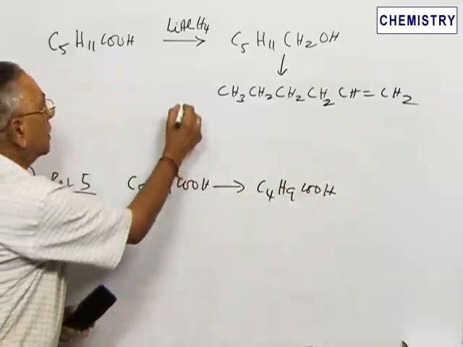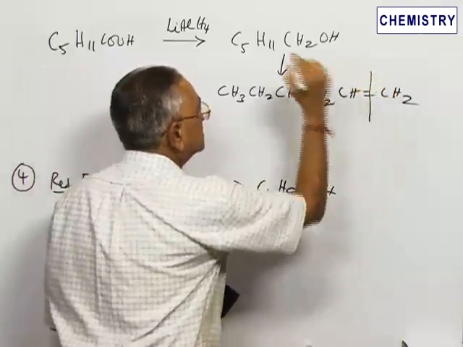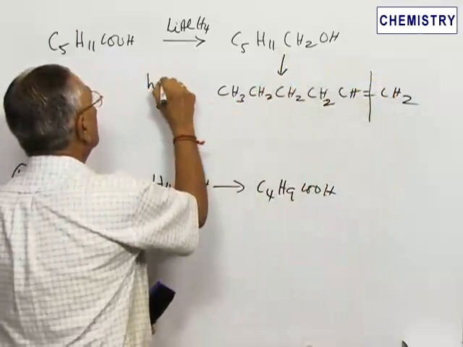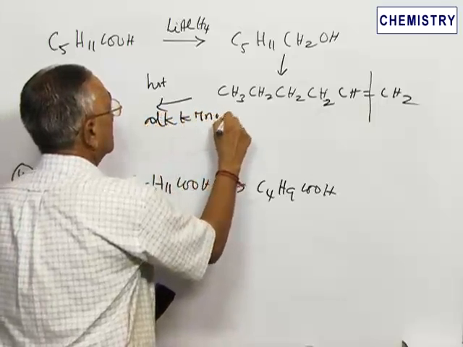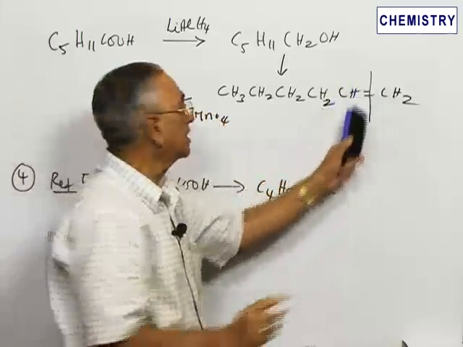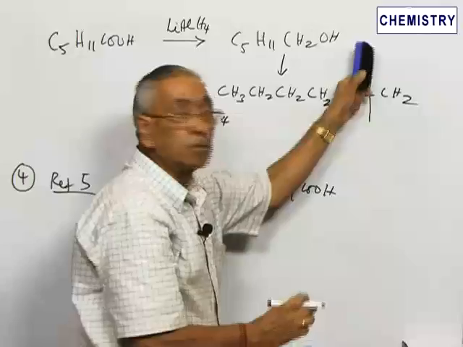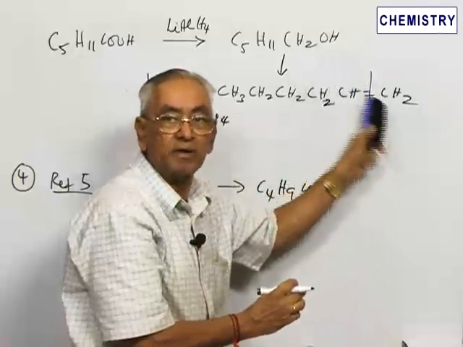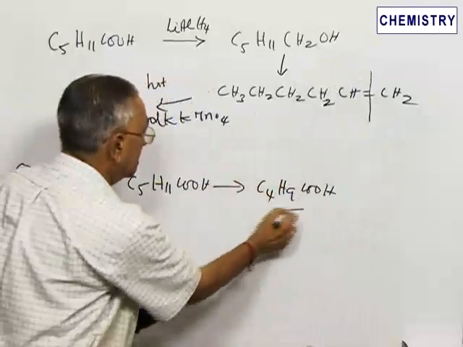Now, we know among the reactions of olefins, this gets cleaved by means of hot alkaline permanganate. These conditions are very important. Supposing you make use of Baeyer's reagent, you will get a diol here. You get an OH added here. But the double bond gets cleaved. The compound gets cleaved at the position of the double bond by means of hot alkaline permanganate to give rise to this acid.